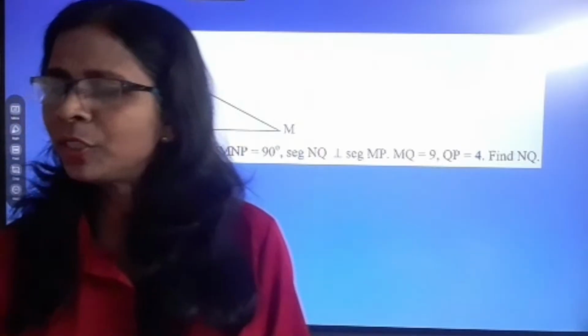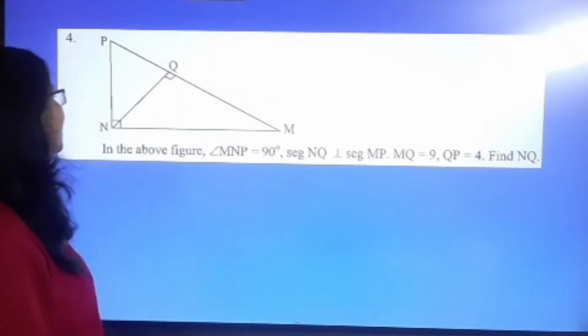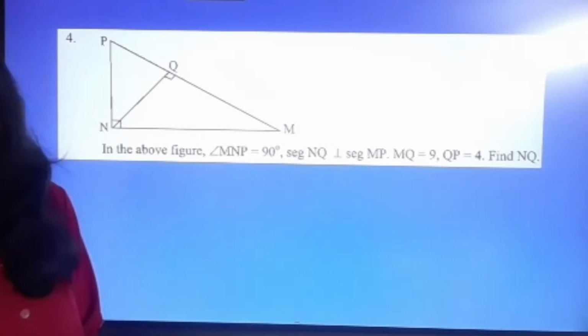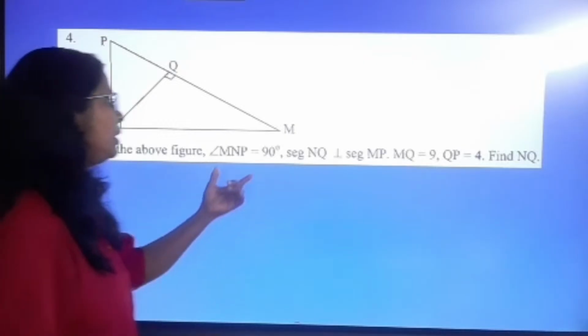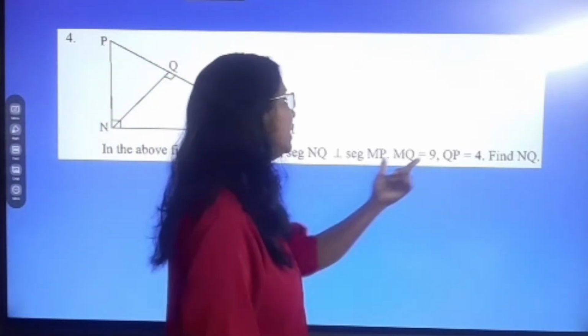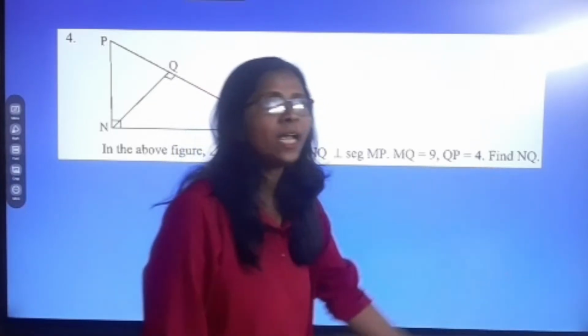The fourth question is that there is a figure, and in the above figure angle MNP is equal to 90 degrees. Segment NQ is perpendicular to segment MP. MQ is equal to 9, QP is equal to 4, and find NQ.